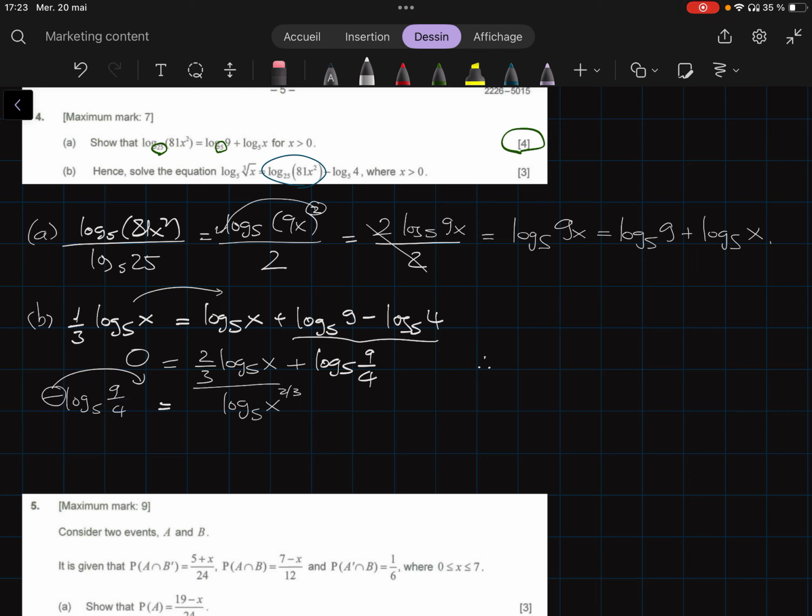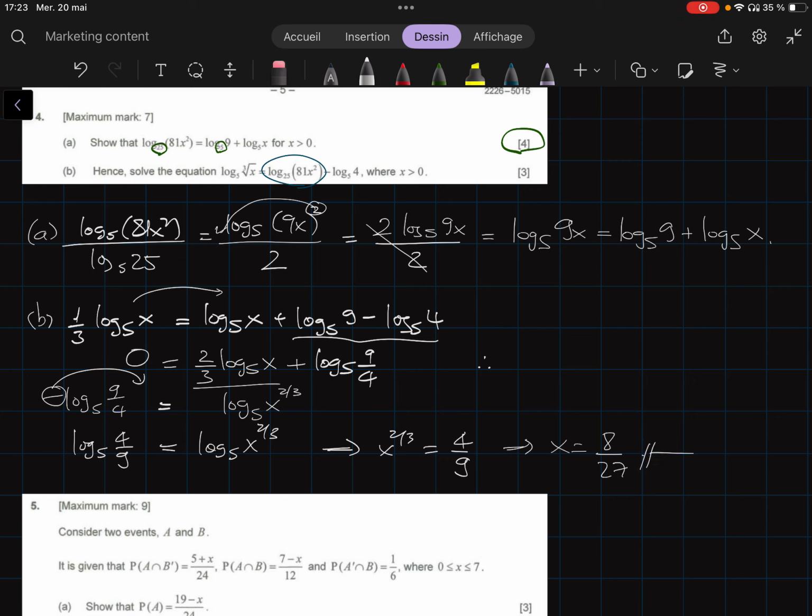Putting that minus up, this will give you log base 5 of 4 over 9. You are taking the reciprocal of 9 by 4. And from there, you can deduce this equation, and thus x has to be equal to 8 by 27.